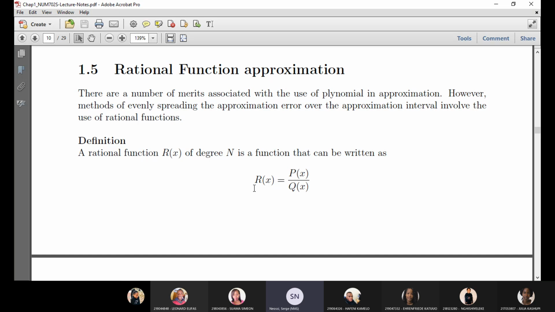Now, the degree of this rational function will be the sum of the two: if the degree of p is n and the degree of q is m, capital N will be the sum of n and m.